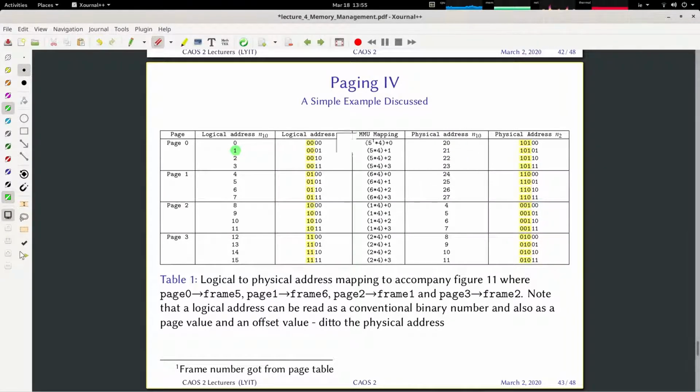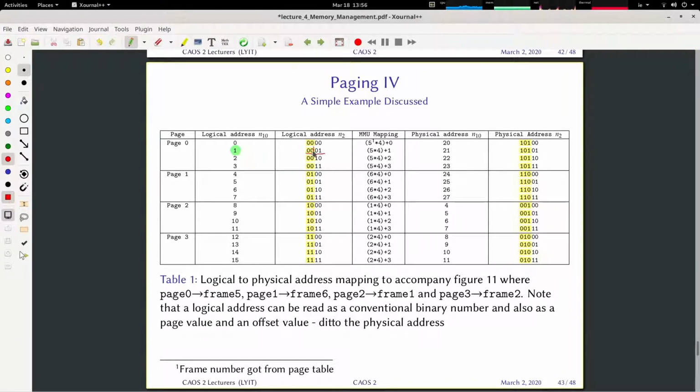Okay, so that's how it's represented pictorially, and then if we go back to our page table and we look at the mappings that are available to us, you'll see that we have logical address 1 in its decimal format, which can be written as 0001, which can not only represent the integer 1, but also the page number and the offset value.